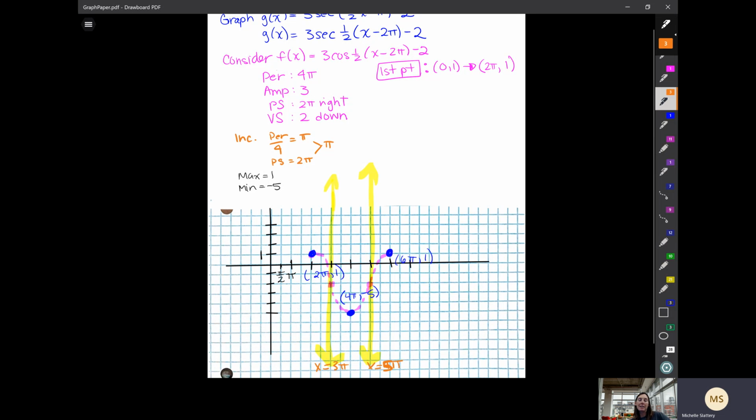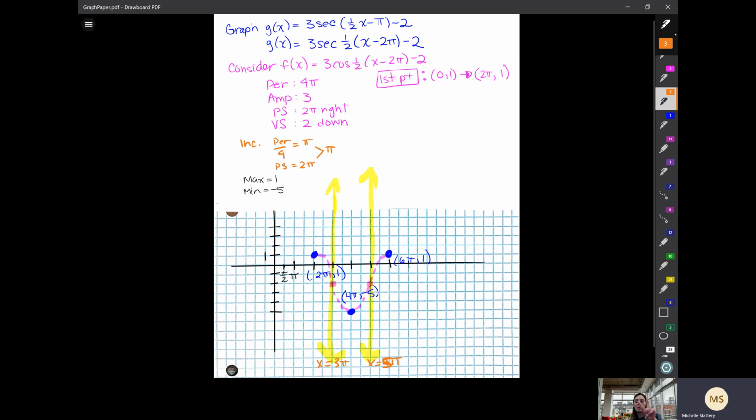Okay. And so the other thing that I want you guys to do is I want you to find a sixth critical value. So for a cosecant and a secant function, you are always going to graph 3 asymptotes and you're going to graph 3 points. Okay, so we're going to find additional within one period. So I'm going to find an additional point here. So if I think about a cosecant graph and a parent function for cosecant.